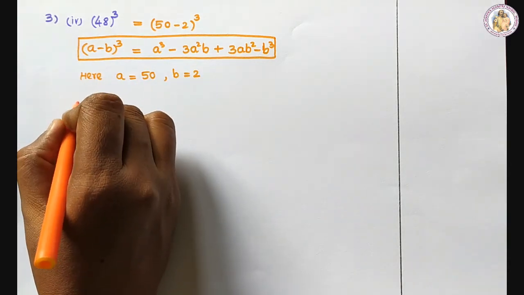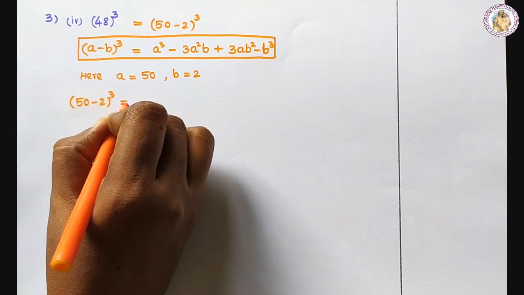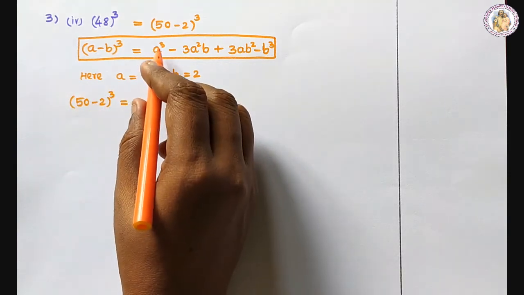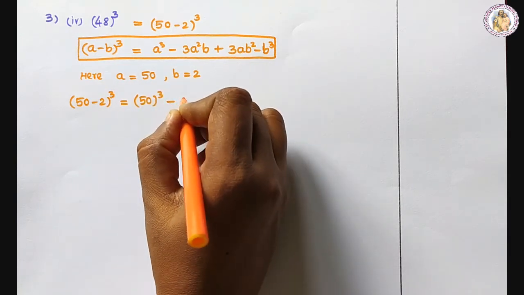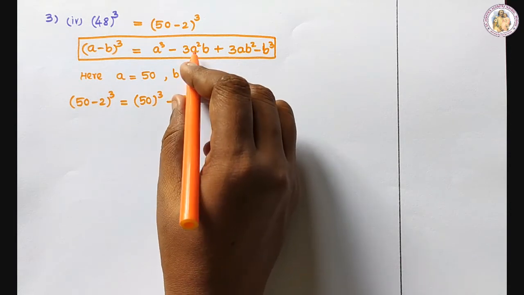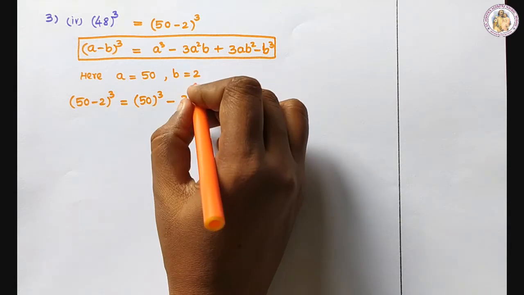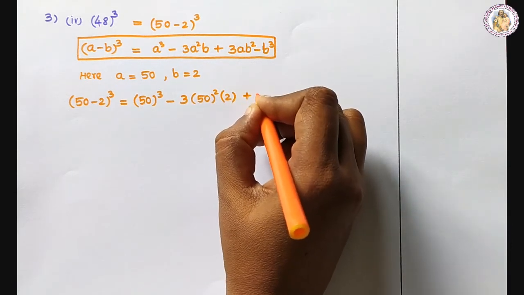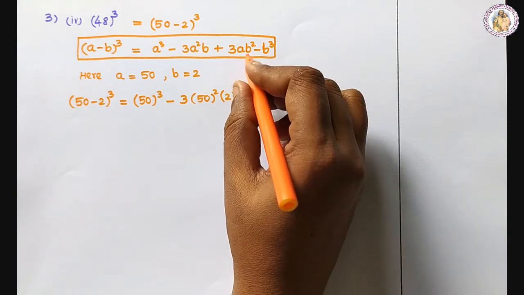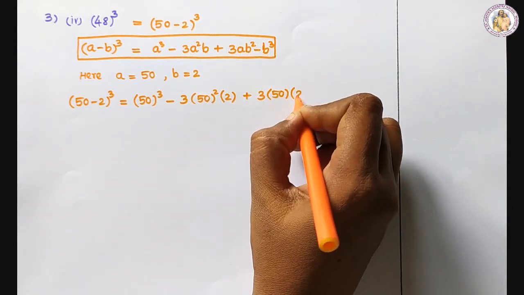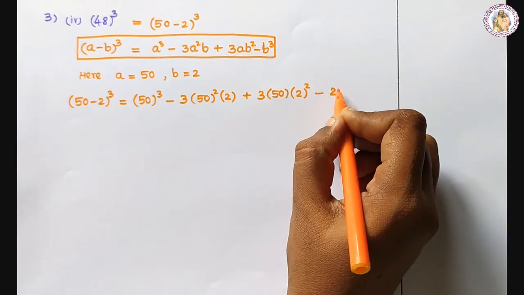Now substitute the values. 50 minus 2 the whole cube equal to first a cube, that is 50 whole cube, minus 3 into a squared, that is 50 squared into b, 2, plus 3 into a, 50, and then b squared, 2 squared, minus b cube, that is 2 cube.